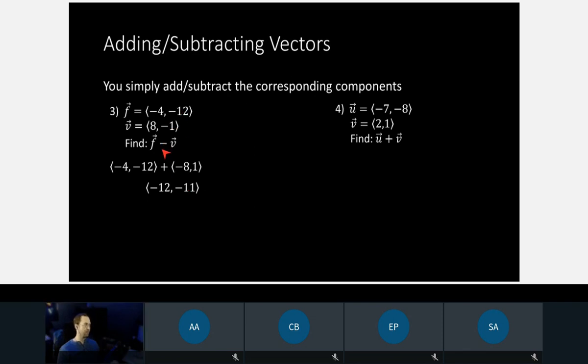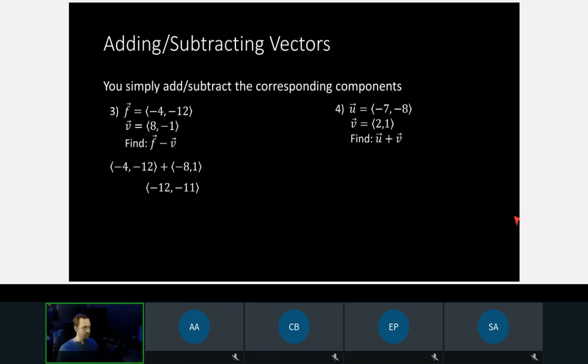But I really want you to show, distribute this negative to this vector v as shown, and then make them addition. On your test, you will have to do that. I'm going to show you on the next page. There's a graphing method, so you have to make them addition all the time. Okay. All right.